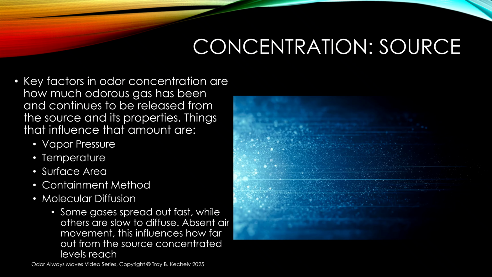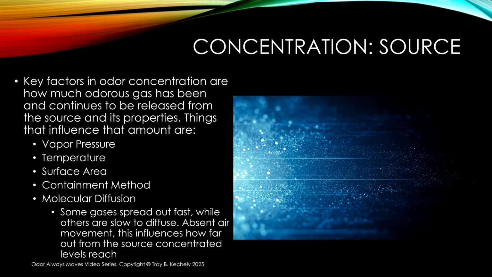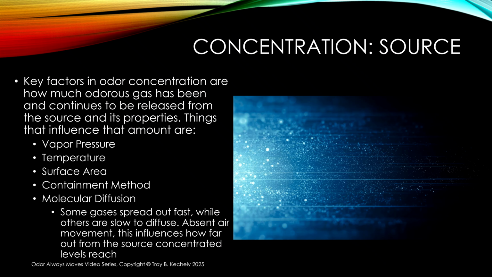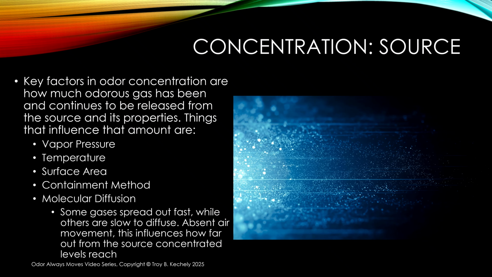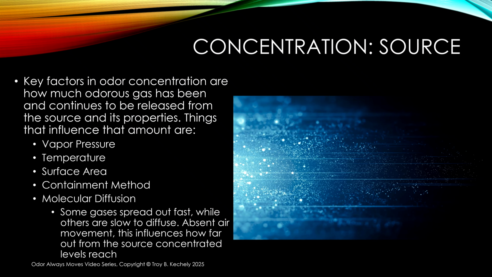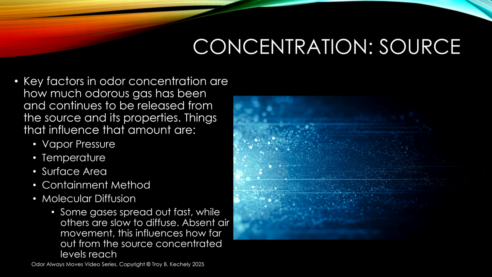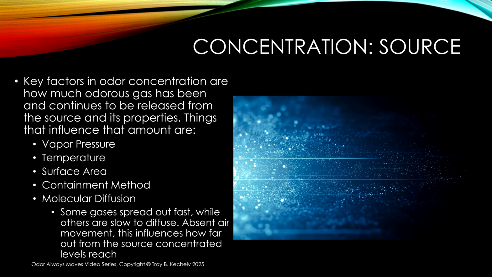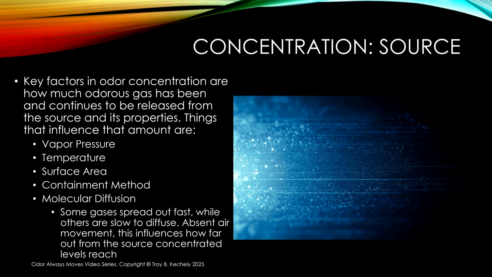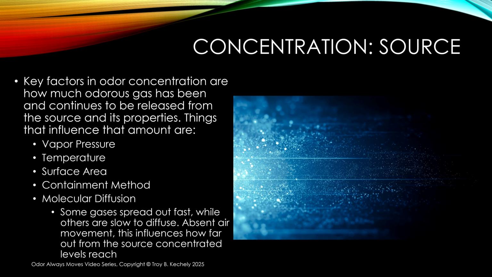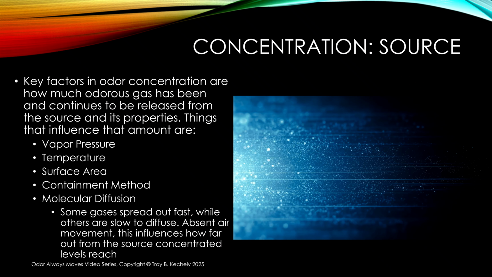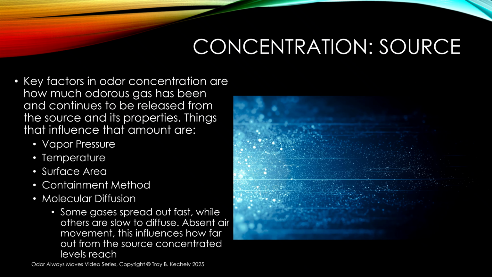Every gas has a unique diffusion coefficient; some gases spread out very quickly, and others very slowly. Absent air movement, or advection, which we're going to get into, this influences how far out from the source concentrated levels can reach. And we'll see that in the models because I use odors of different diffusion coefficients to help visualize that.